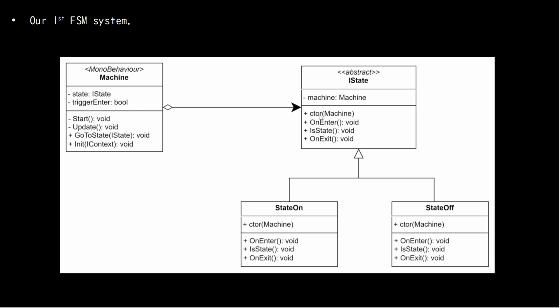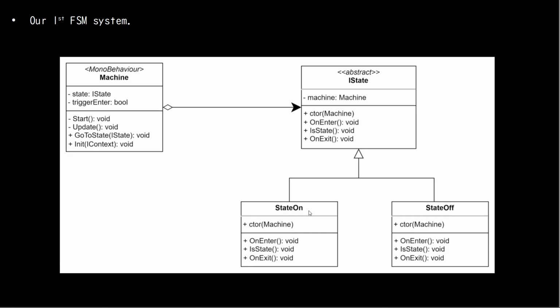Whenever we construct an instance of this class, we have to provide a machine in order to save it to the member. Actually, you may never instantiate an abstract class, but this regulates the children of the class. So the children must implement the constructor with this signature.